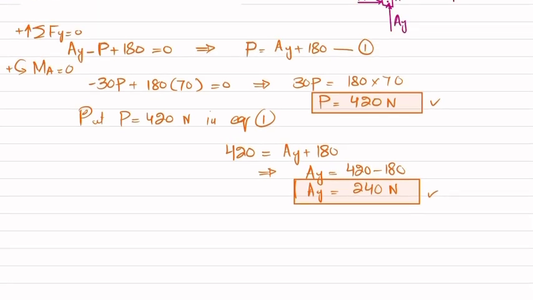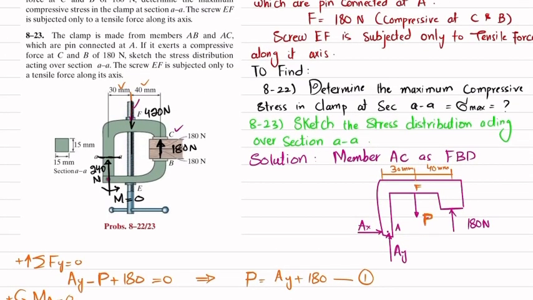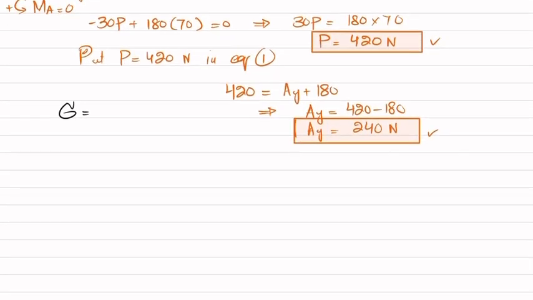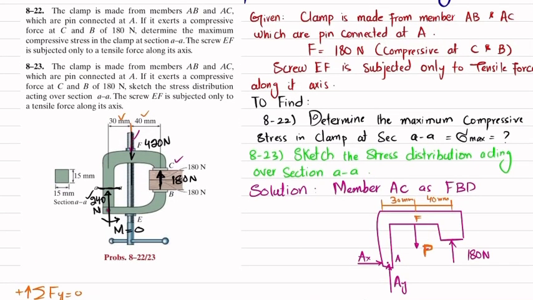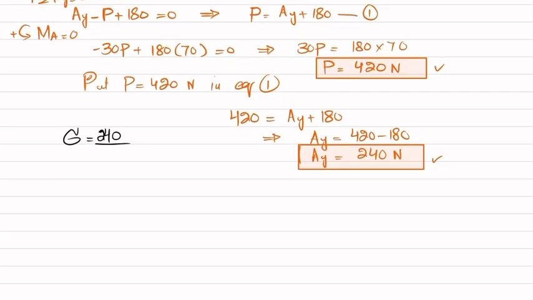So now we will calculate the maximum compressive stress. We know that compressive stress at section AA will be equal to load per unit area. So the load is 240 Newton, and the area at this section is given as 15 by 15 millimeter. 15 millimeter is 0.015 meter.